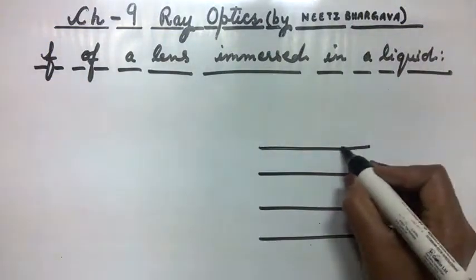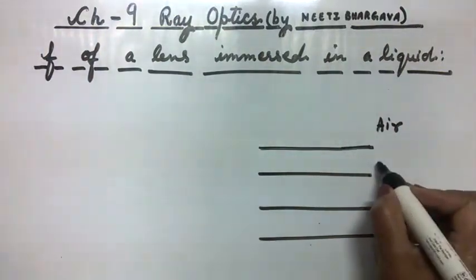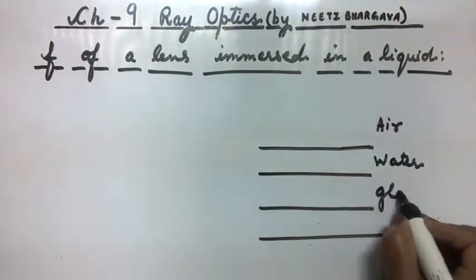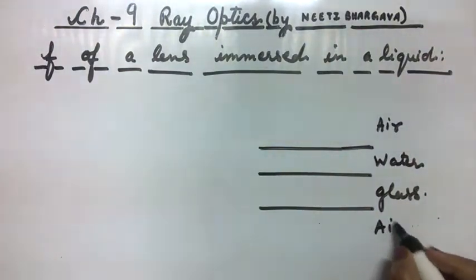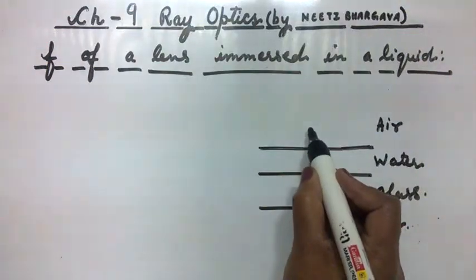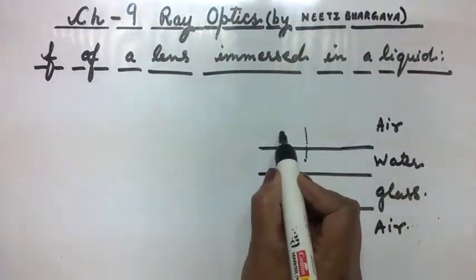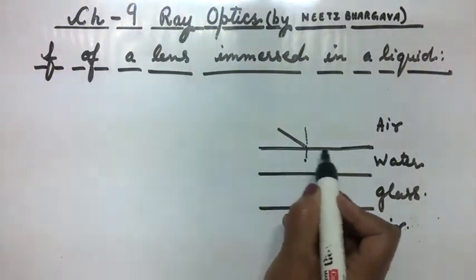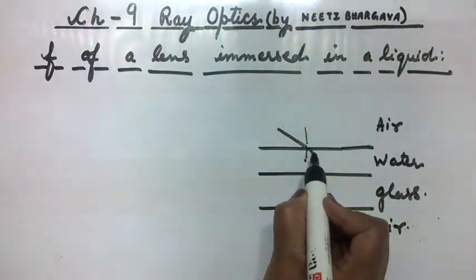That is, let us suppose this is an air medium, this is water, this is glass, and this is an air medium again. When the ray of light is incident on the interface of water, it will bend towards the normal.